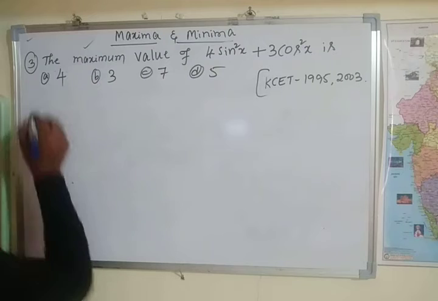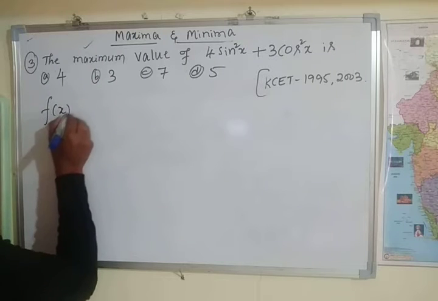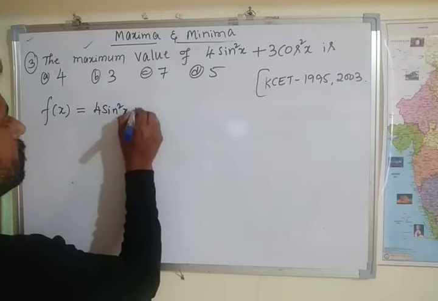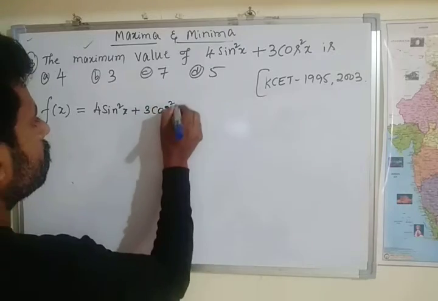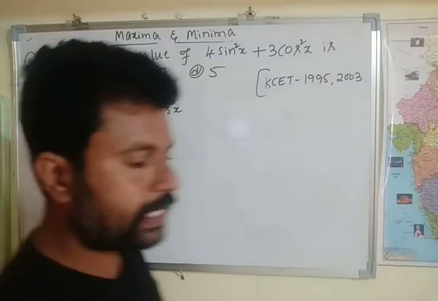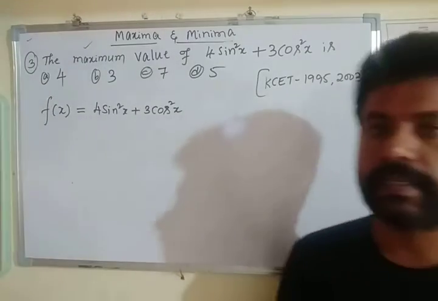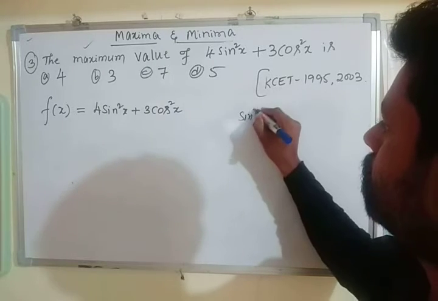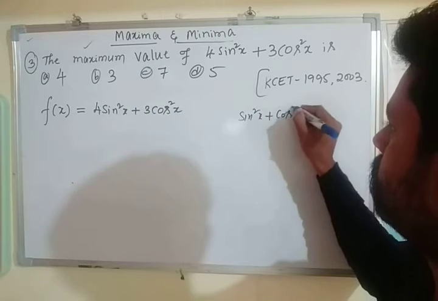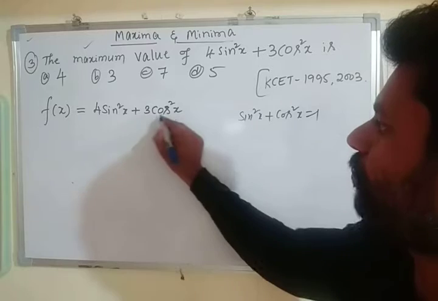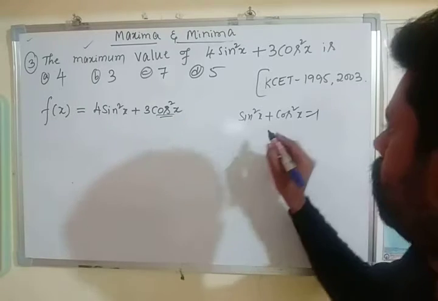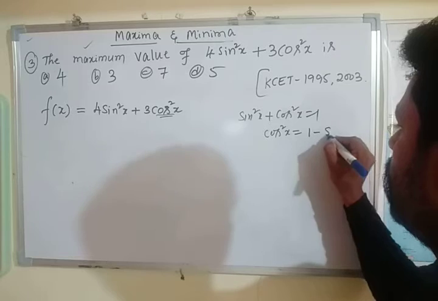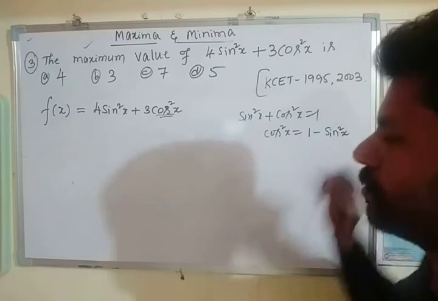So now consider f of x is equal to the given result, 4 sin square x plus 3 cos square x. We know the standard trigonometric fundamental result: sin square x plus cos square x is equal to 1. Now this result cos square x can be written as 1 minus sin square x.